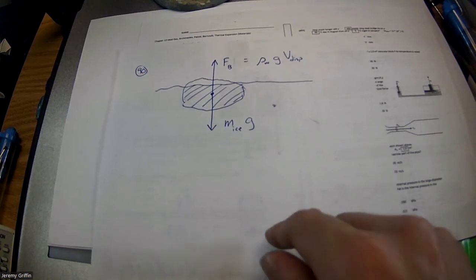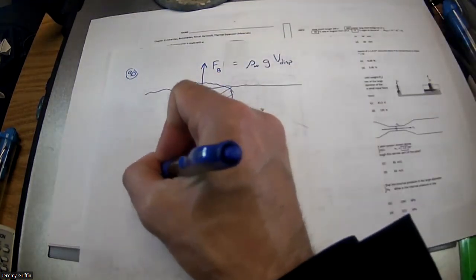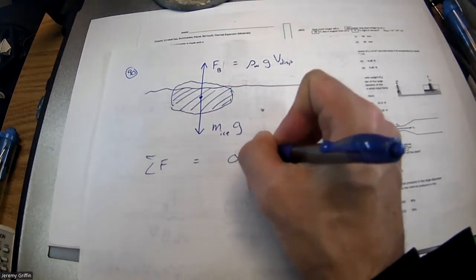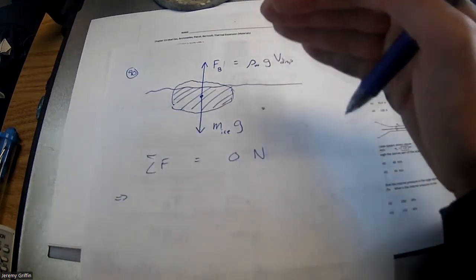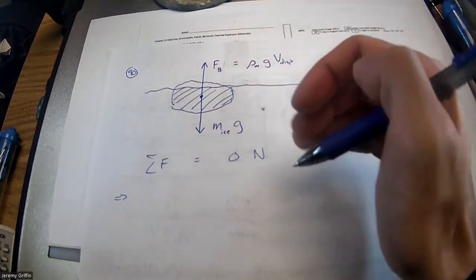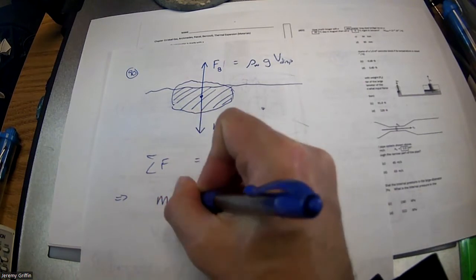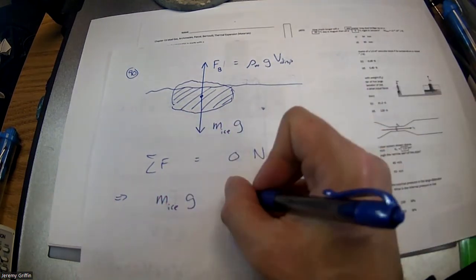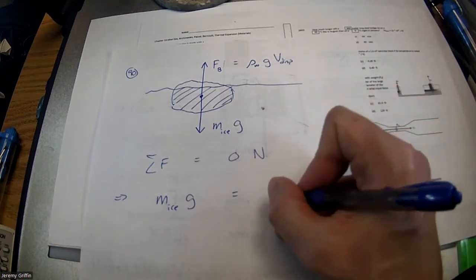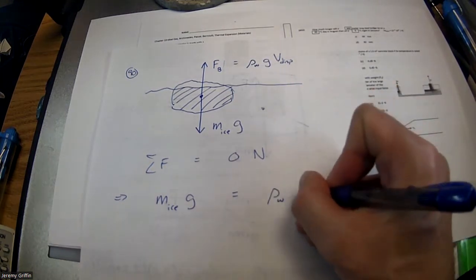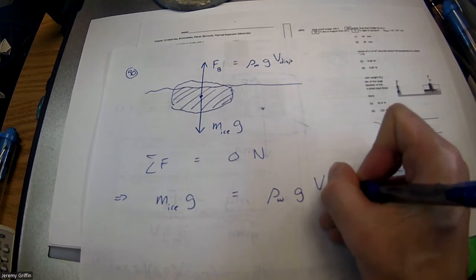If the sum of the forces has to be 0 newtons, then couldn't I say that each of those is equivalent to the other in magnitude? So the mass of the ice times gravity field, the weight of the iceberg, is equivalent to the buoyant force, which is density of the water times gravity field times displaced volume.